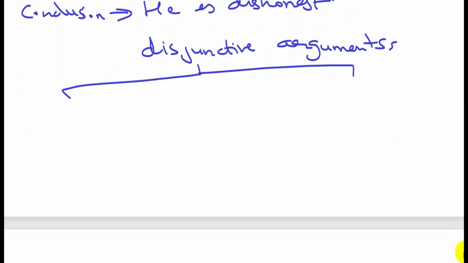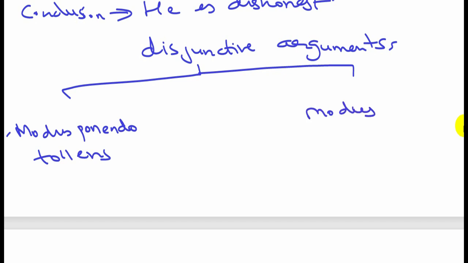One is modus ponendo tollens, and the other is modus tollendo ponens.